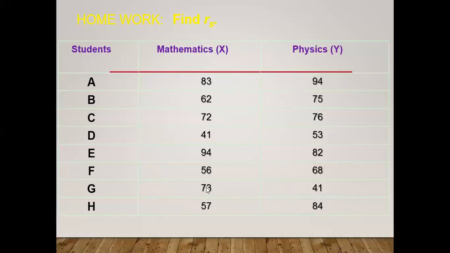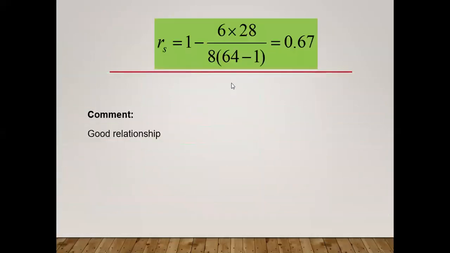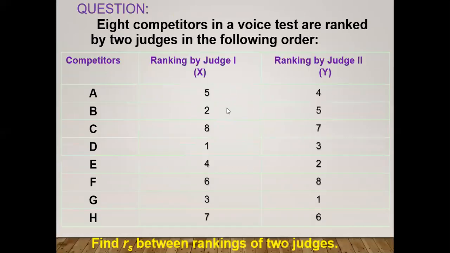Similarly, between 70 and 79, you give rank 3. If you are giving rank to student G, you give 3, and for student C, you also give rank 3. So it's up to you. You can first rank them this way.